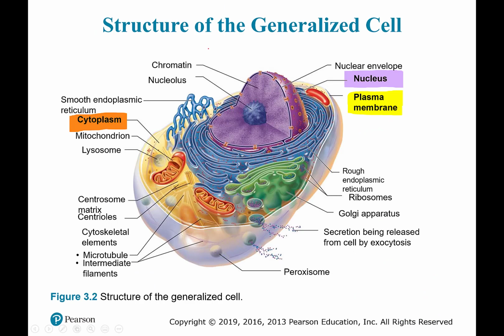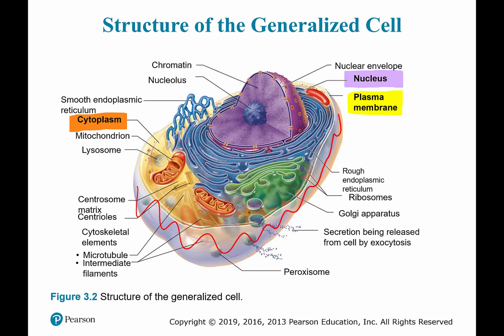Here is a close-up of a cell. The three main components of a cell are the plasma membrane, nucleus, and the cytoplasm. The plasma membrane wraps around the entire cell and acts as a protective wall that protects everything inside of the cell, kind of like our skin protecting all organs under it.